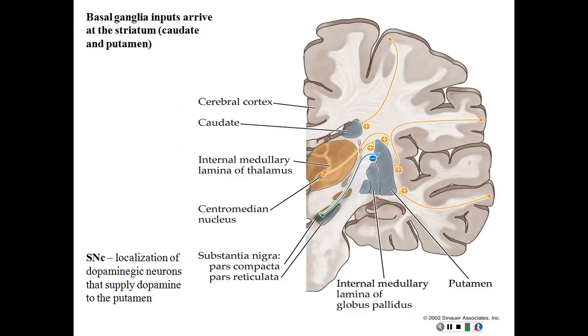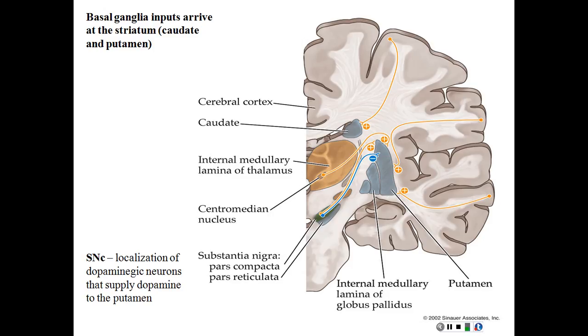Okay, so here we are again with a really cool pathway, and so the idea here is what? So we have on this schematic a bunch of pluses and a bunch of minuses. Again, pluses are meant to designate an excitatory input, and minuses would be an inhibitory input. And so if you look, the one thing you can say about the basal ganglia is that it is definitely receiving a lot of excitatory inputs from the cortex.